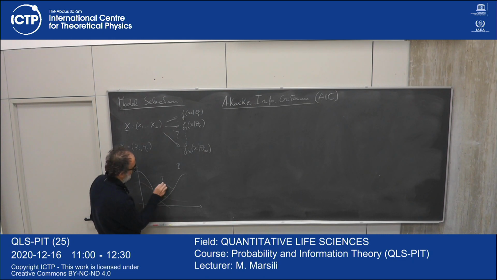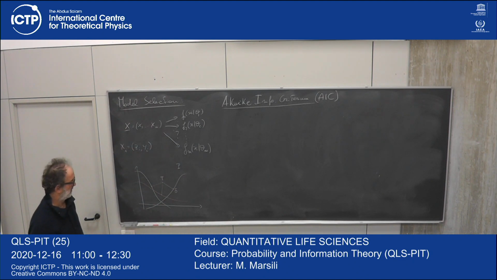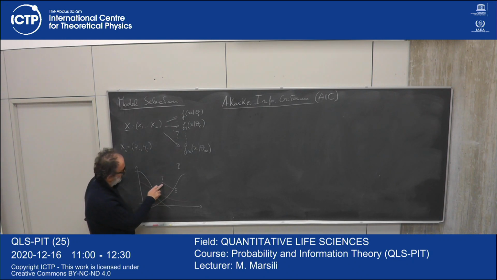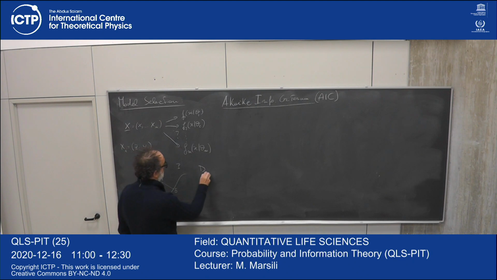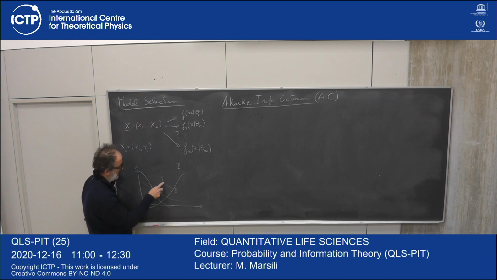Okay, so imagine that now let's consider this yellow model here, and so the best model that describes the true model would correspond to a certain theta hat. Okay. So now what you want is really to rank these models according to their distance to the true distribution.